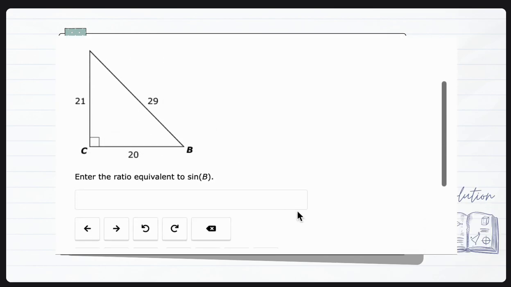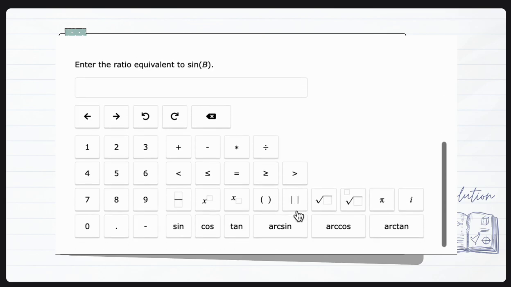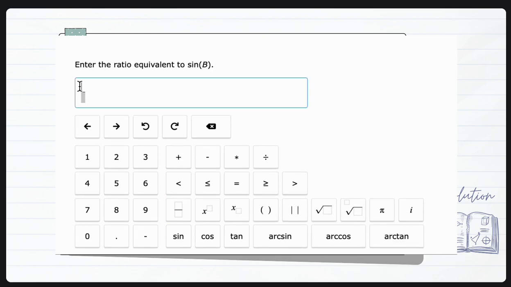Now that we found the answer to sine B, we're going to enter that ratio. Let's put in that fraction. It's going to be 21 over 29.